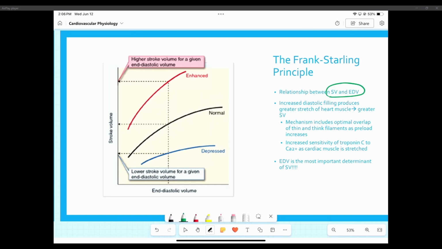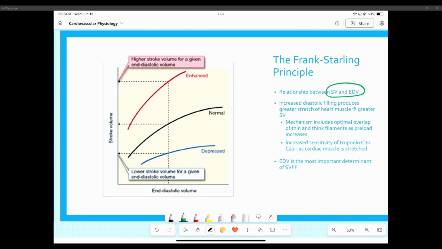So as we stretch, meaning in the heart, think of the heart as a water balloon. If you add more volume of water to the water balloon, it's going to get bigger. Hearts get bigger too. There's going to be more stretch. When that happens, troponin becomes very sensitive to calcium, so we get really good binding in the cross bridges, and we get a very forceful contraction.